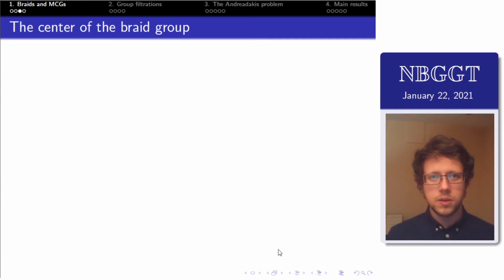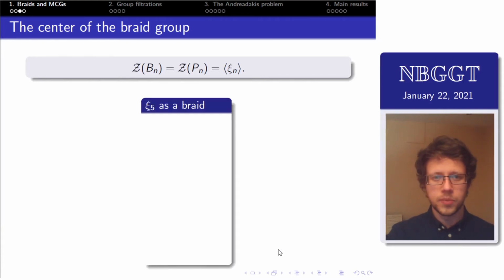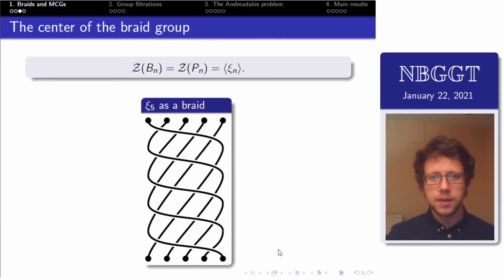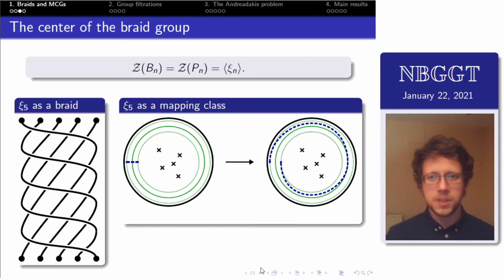Okay, so let me get back to the definition of this xi-n, which is the generator of the center of the braid group, or the pure braid group. So it's a pure braid, and as a braid, it is the full twist, like that. And we can also look at it as a mapping class of the disk, fixing the boundary and fixing the endpoints.